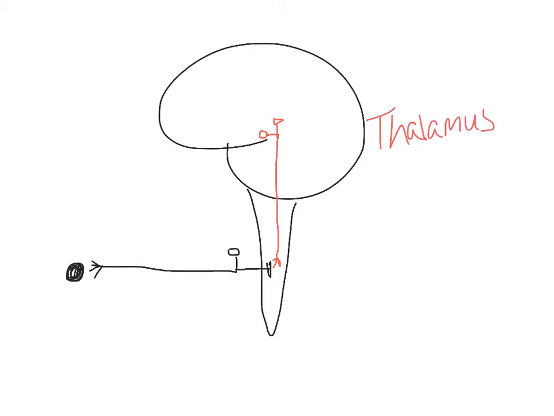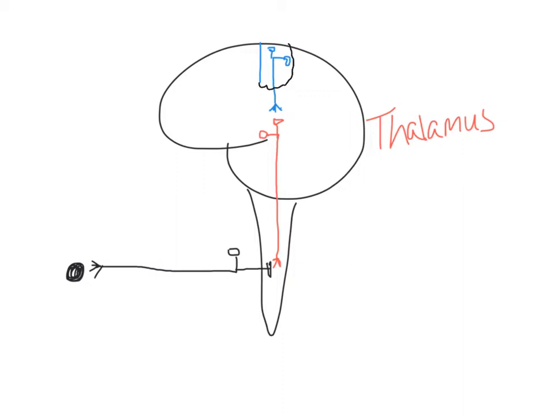And then we have another neuron that's going to synapse onto that neuron, and that neuron is going to go up to where? That's right. It goes up to the post-central gyrus, which is the primary somatosensory cortex, right? So we've got three neurons here in our somatosensory pathway.